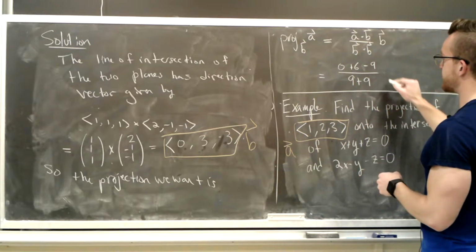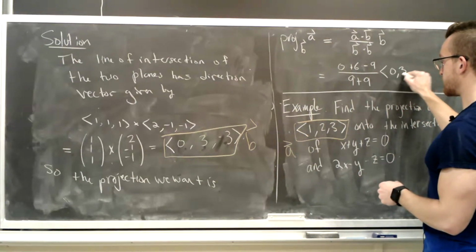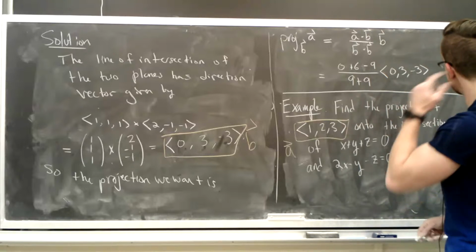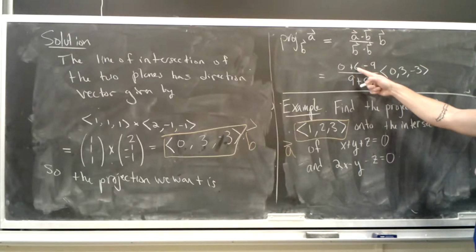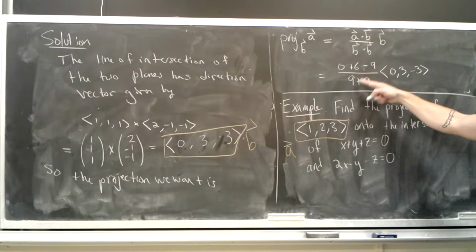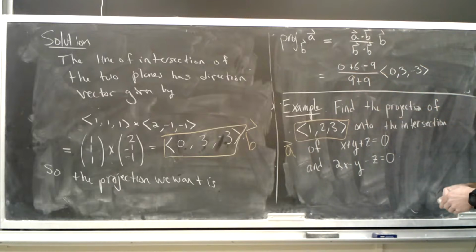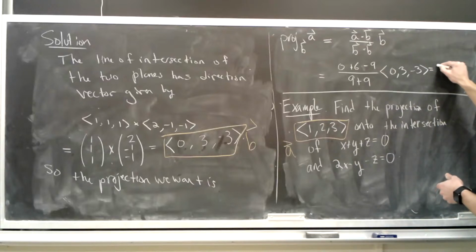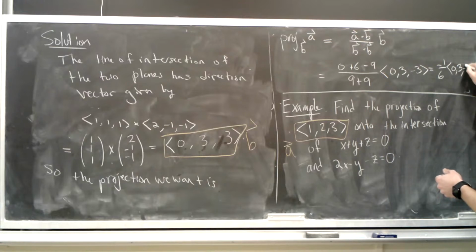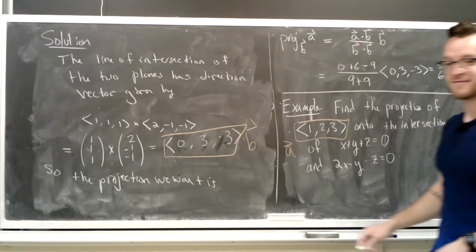And then B is the vector 0, 3, negative 3. So this is negative 3 over 18, which is probably negative 1/6. Is that right? Something like that. Okay, that would do it.